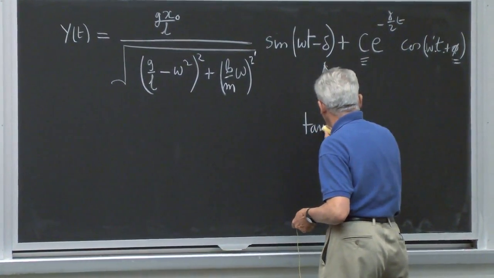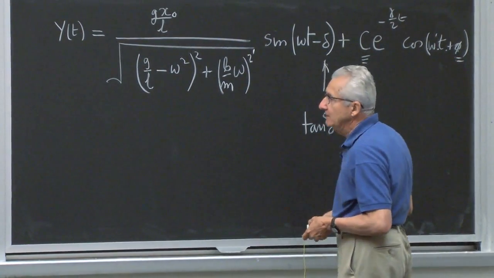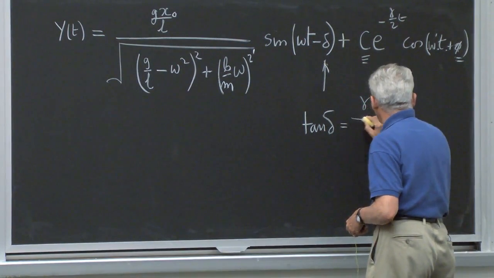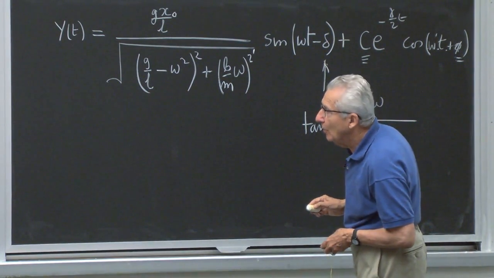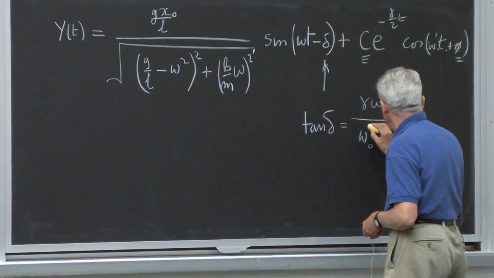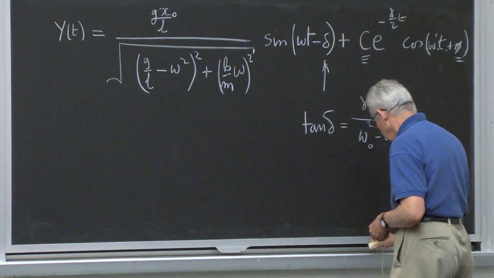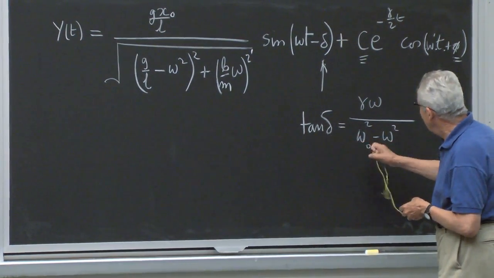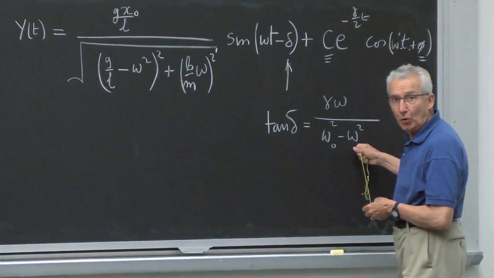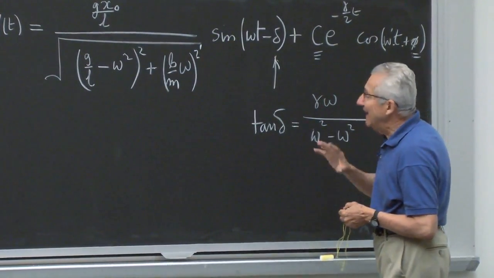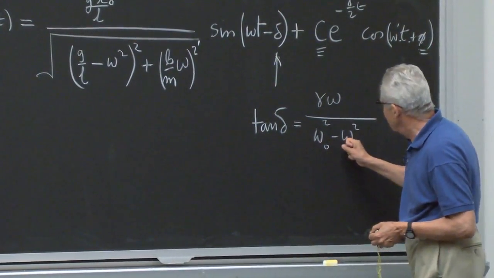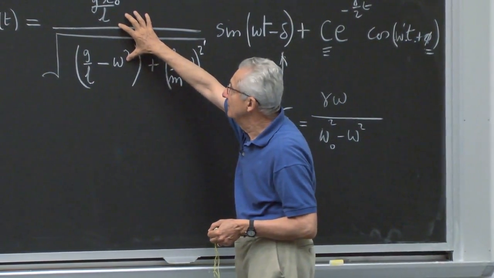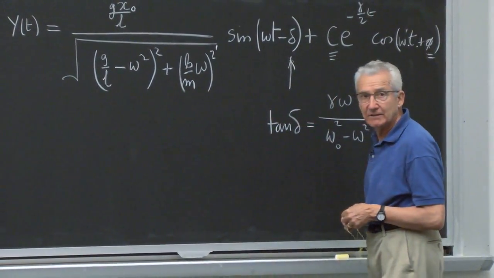Tan of delta is equal to gamma omega over omega 0 squared minus omega squared. So the sign of delta depends on whether it's bigger or smaller. Play for yourself, changing this value, see what happens to the amplitude here and what happens to this phase.